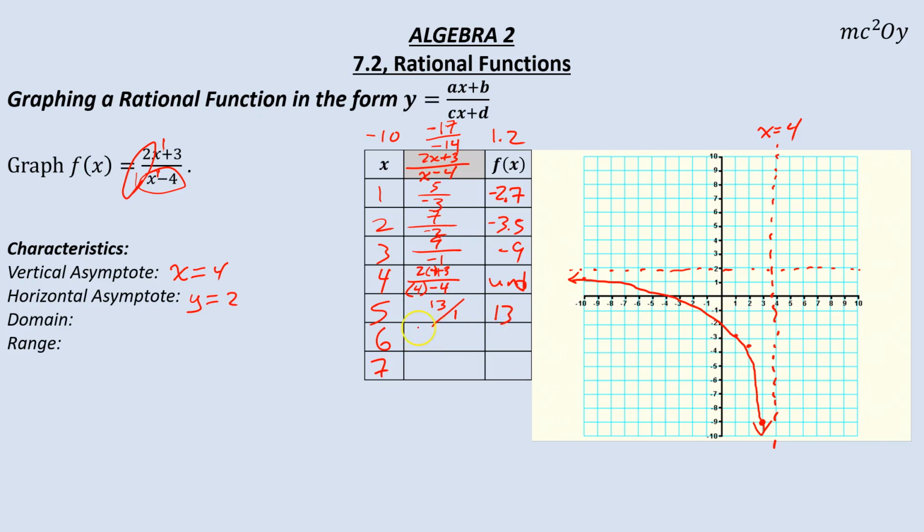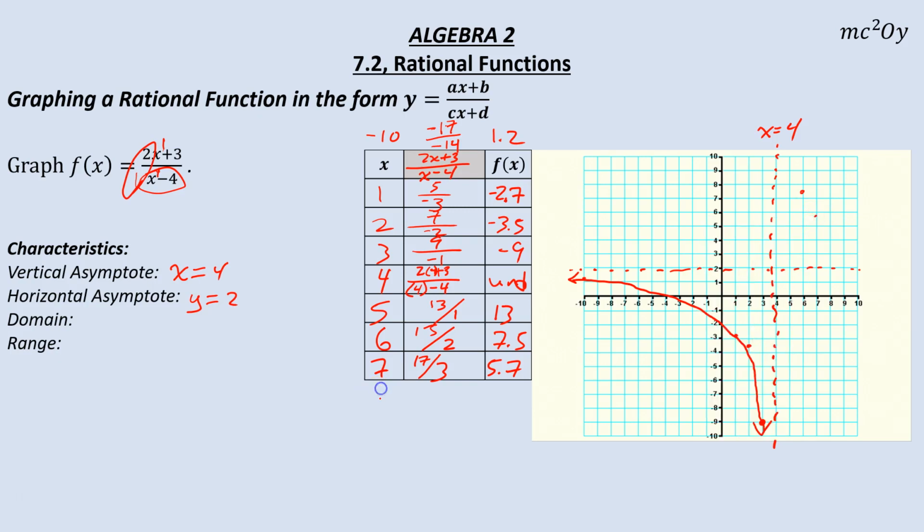Okay, this would be 15 actually over 2, which is 7.5, and let's see, 17 over 3, which is 5.7-ish. Okay, so again, 5 is 13, it's way off the graph. 6 is 7.5, so we're right there. 7 is 5.7, which is right there.